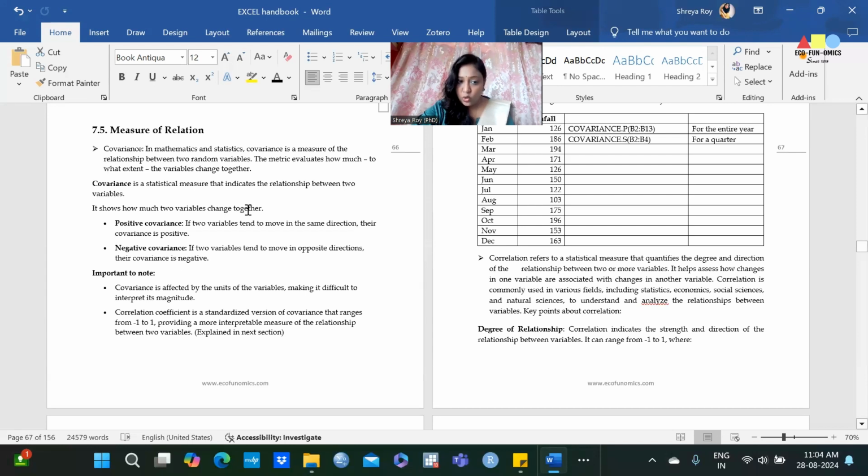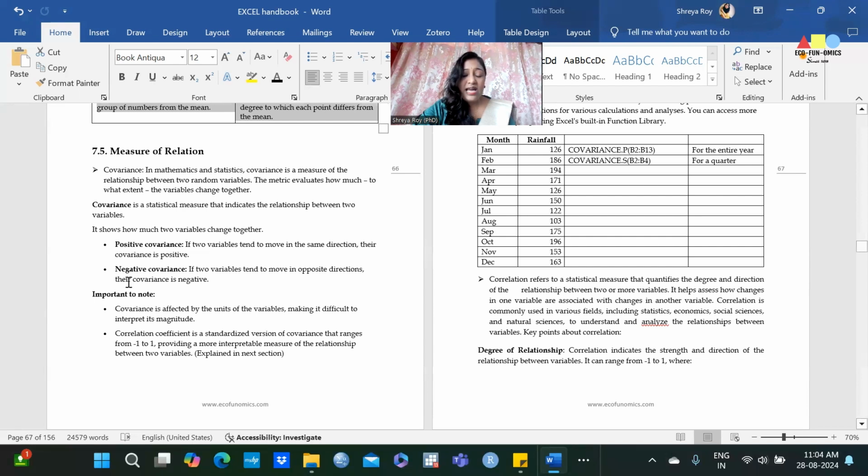Covariance. Let's understand covariance. Covariance in mathematics and statistics is a measure of the relationship between two random variables. It can be positive covariance, negative covariance, or no covariance at all.